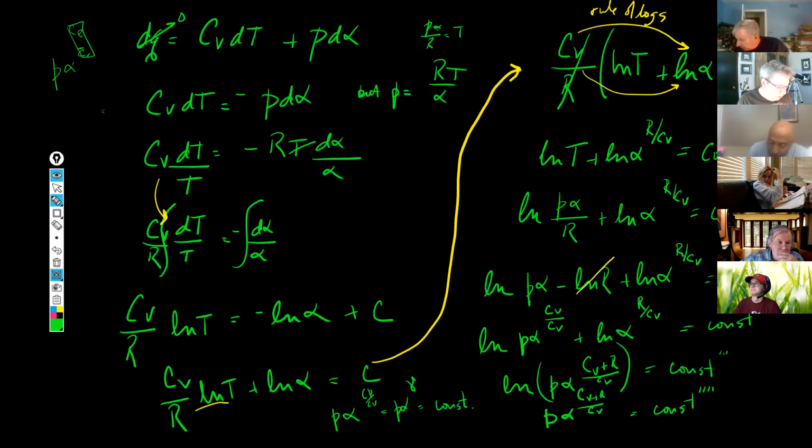But before we go there, I want you to go back to page 95. And just see that there is the transformation from C to D, which is the same thing as A to B. It's P volume to the gamma.